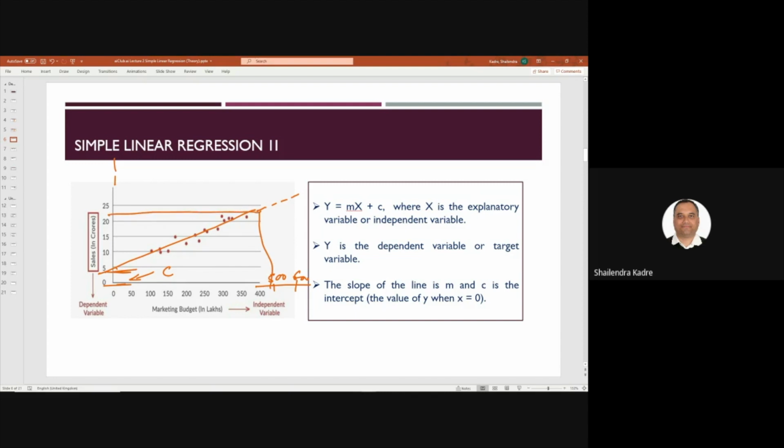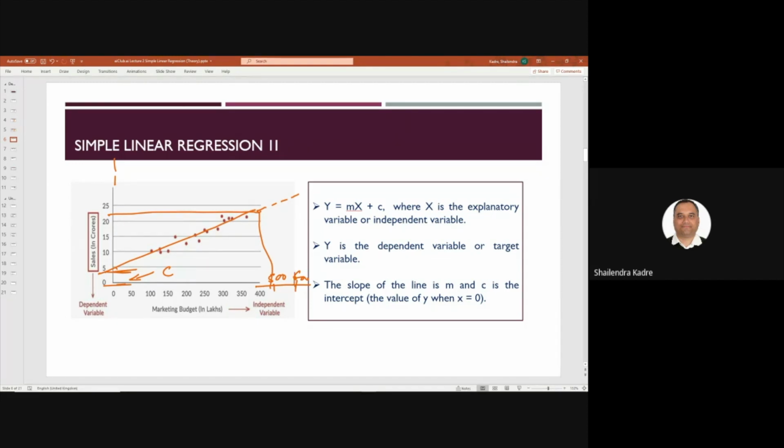So now what am I getting? Approximately 22.5 for 500 lakhs. My spending was only till 400 lakhs, only till 4 crore, but my boss asked me to project the revenue for 500 and 600 also. So I just extended this line and saw where it cuts the y-axis. 22.5.